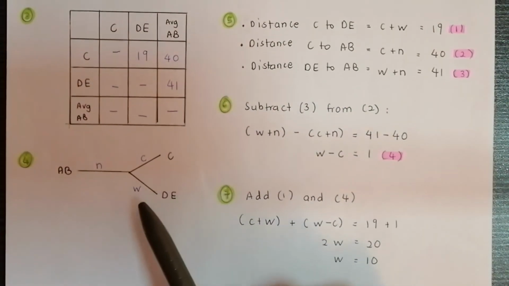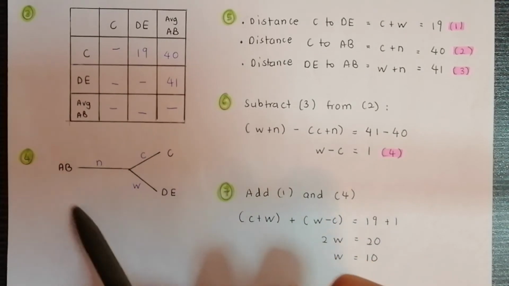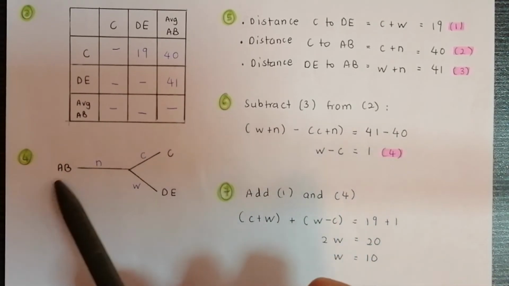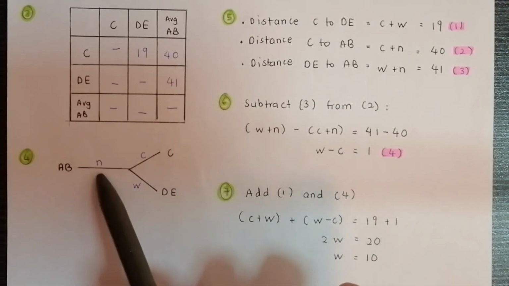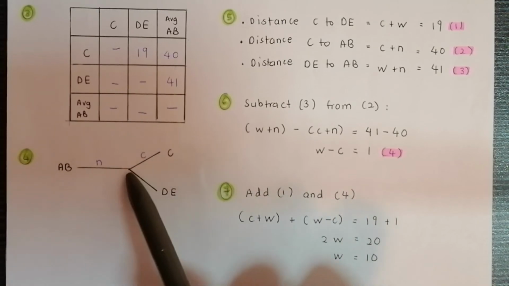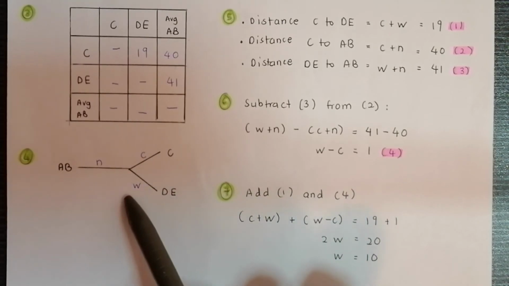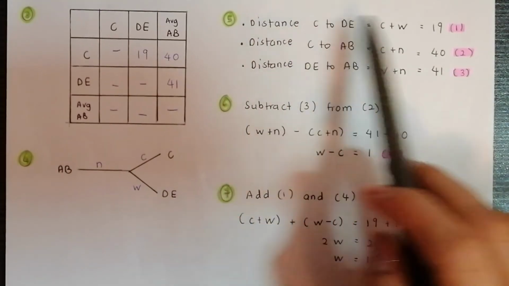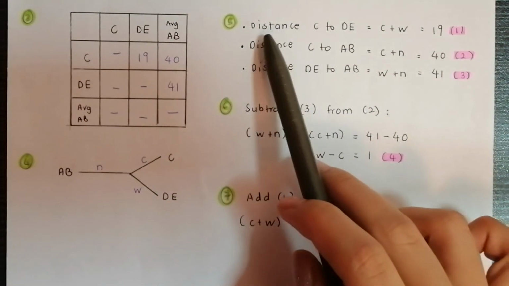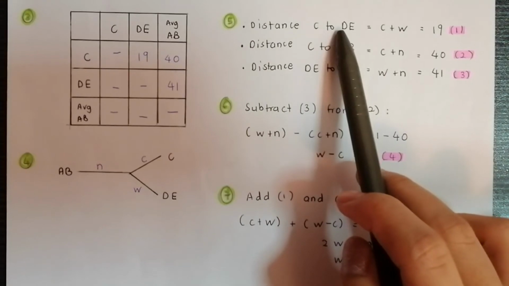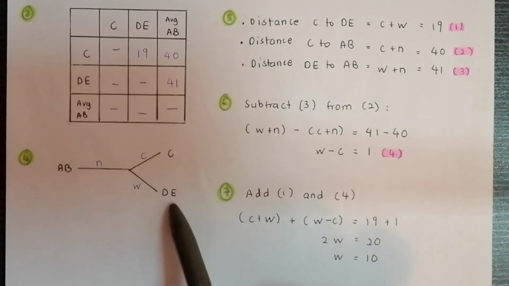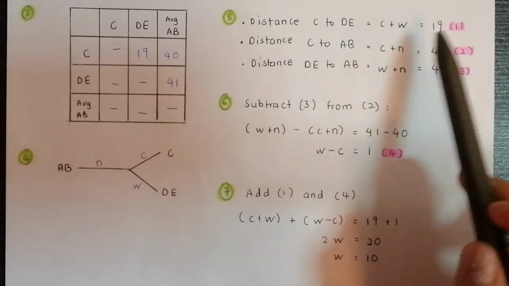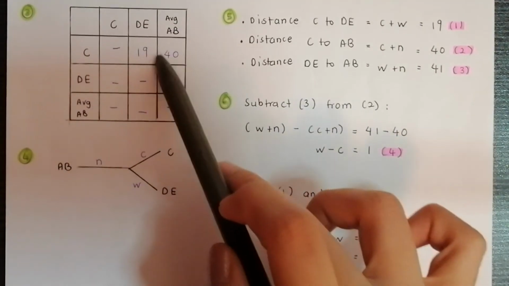Next, we proceed to make a new branch that consists of A, B, C and D, E. Here we assume that this distance is known as N, this one is C and this one is W. So we make an equation where the distance from C to DE equals C plus W, which equals 19.